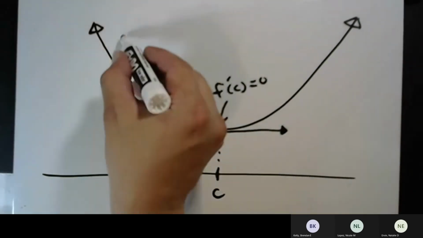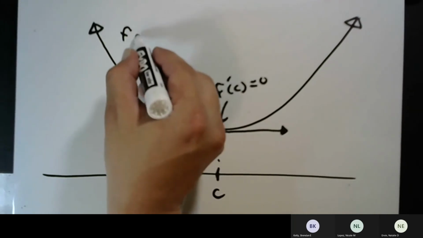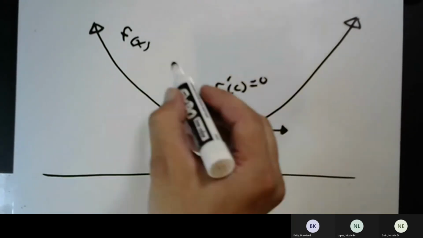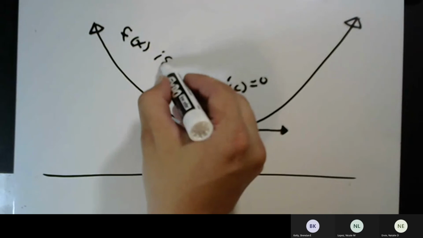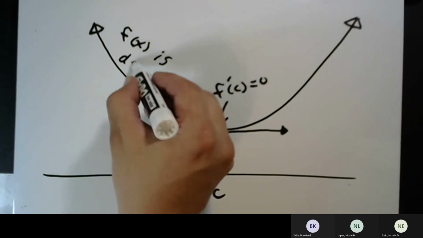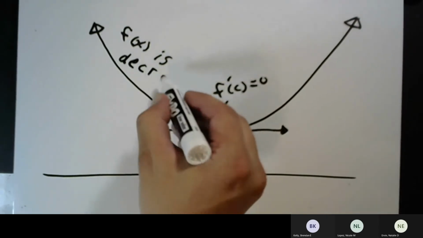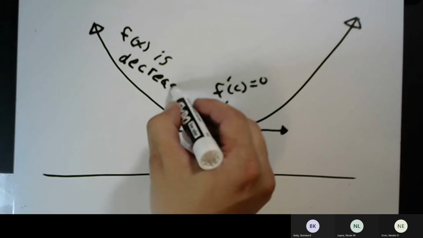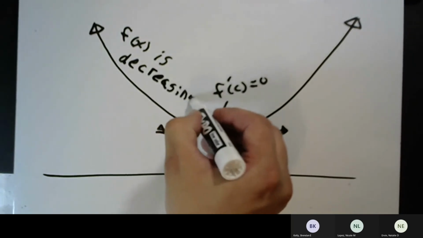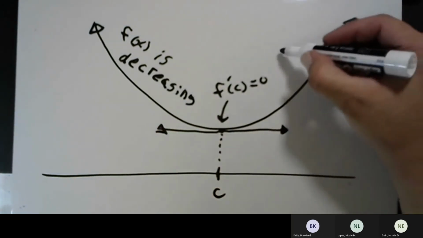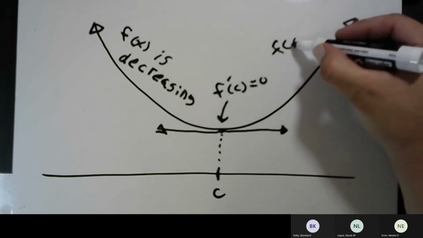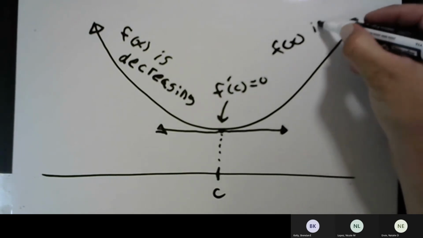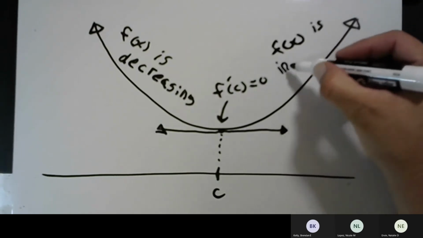And then along this way, f of x is decreasing. Here, f of x is increasing.